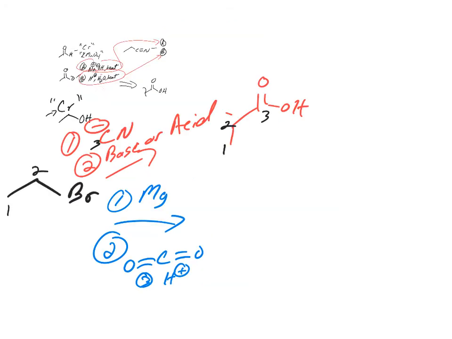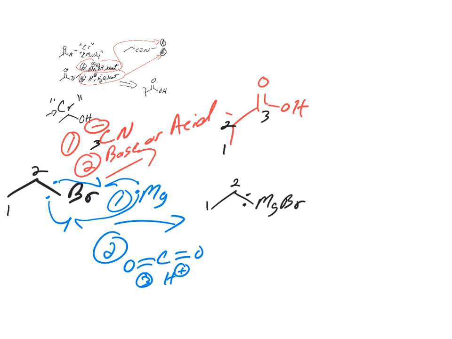It's going to be forming that Grignard. We talked about this mechanism, so hopefully we remember some of this. It's that radical. So in step 1 we've turned carbon 2 from an electrophile into a nucleophile. Now it's negatively charged, and it's going to react with carbon dioxide.